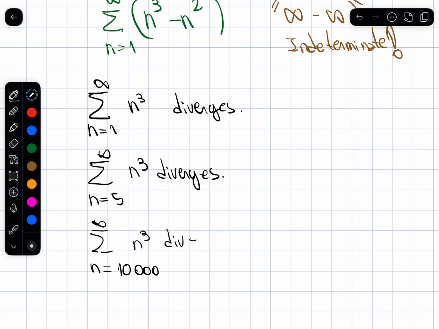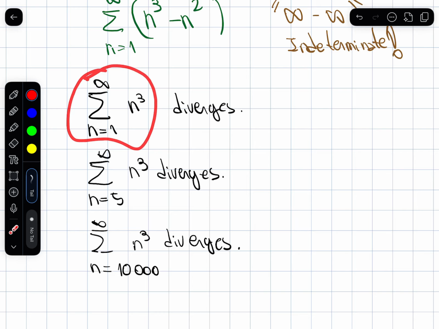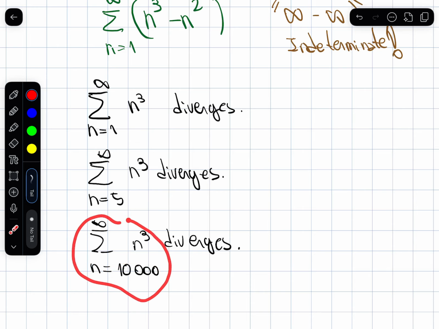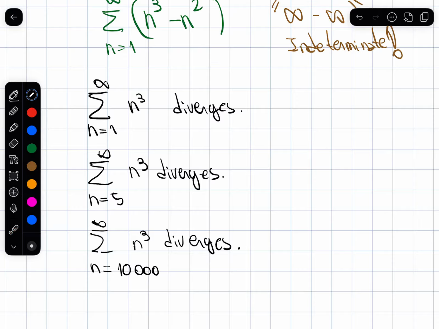It doesn't matter how many terms you take away from the beginning of the series, as long as you take a finite amount, the series will keep its same behavior because this equaled infinity. So here is just you taking away 4 numbers from infinity. Infinity minus 4 numbers is still infinity. Even if you take away a bunch of numbers, infinity minus 10,000 numbers is still infinity. Because infinity is very, very large, it's infinitely large. So the convergence and divergence behavior won't change.